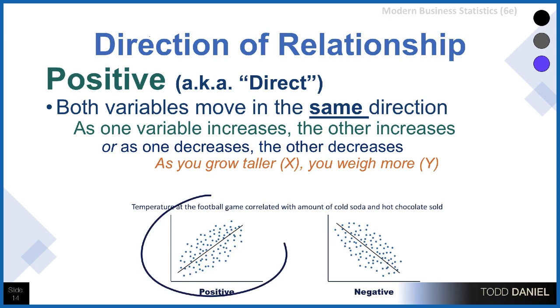So a positive relationship means that both move in the same direction. For example, as you grow taller, you tend to weigh more. The x value of height correlates fairly well with the y value of weight.